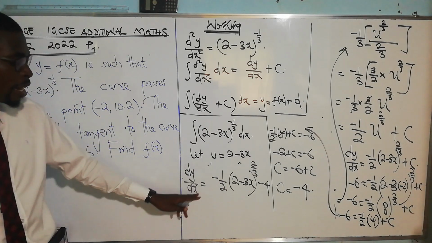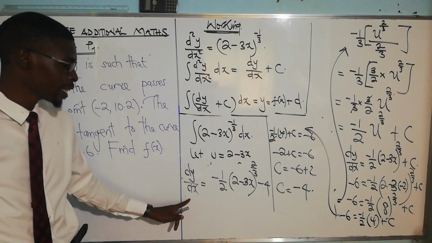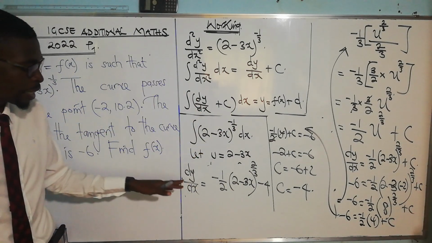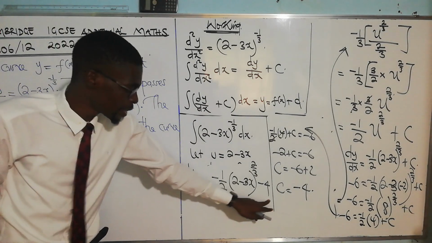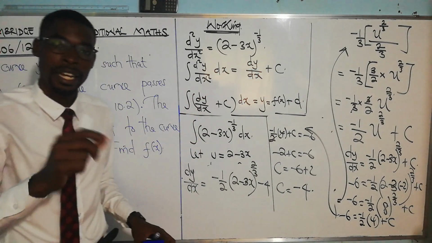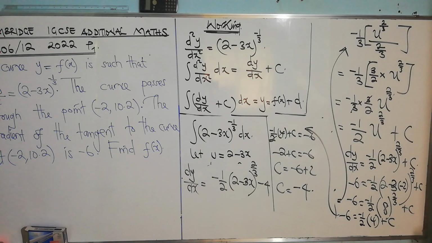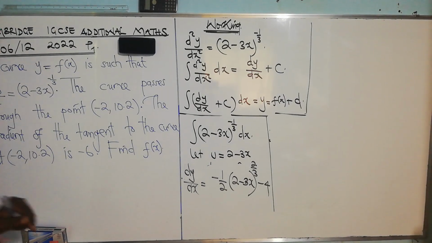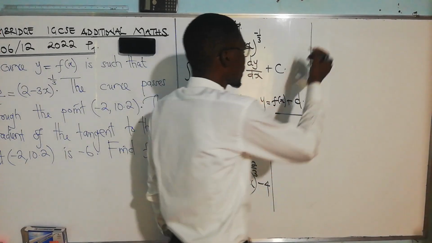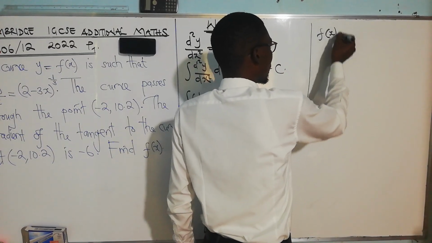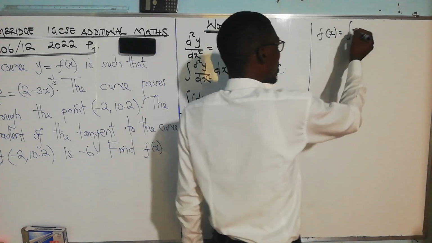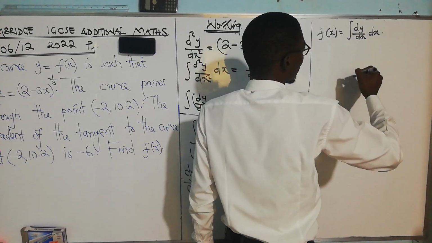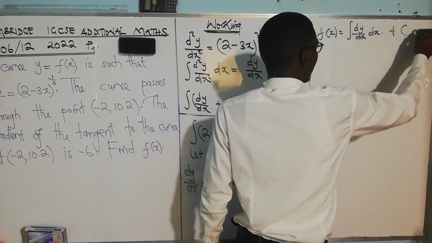Let us integrate dy dx to get the function itself. So let us now integrate this function to get the function f of x. So what is f of x? Now we're saying f of x is equal to the integral of dy dx with respect to x, then plus c.